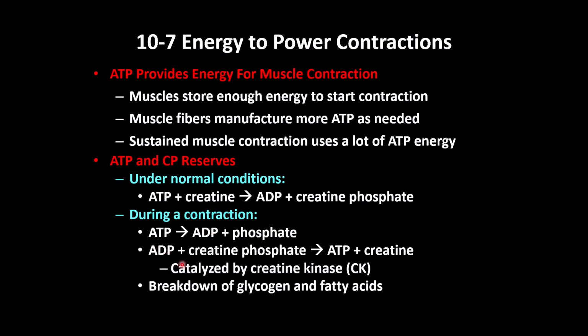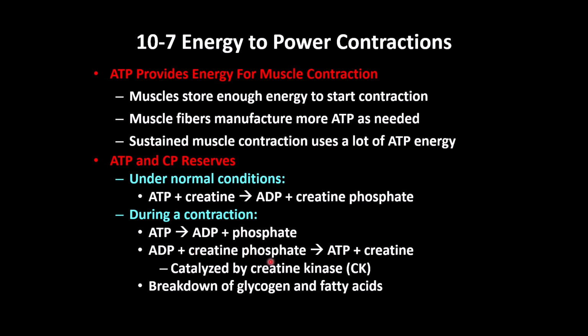The ADP can also combine with creatine phosphate, which was stored as a source of energy, and that brings ATP. So then ATP can be used again as a source of energy, and then this will produce creatine, which in the future may have a phosphate attached to it, so this can be used in the future as an energy storage, but for now you need ATP.